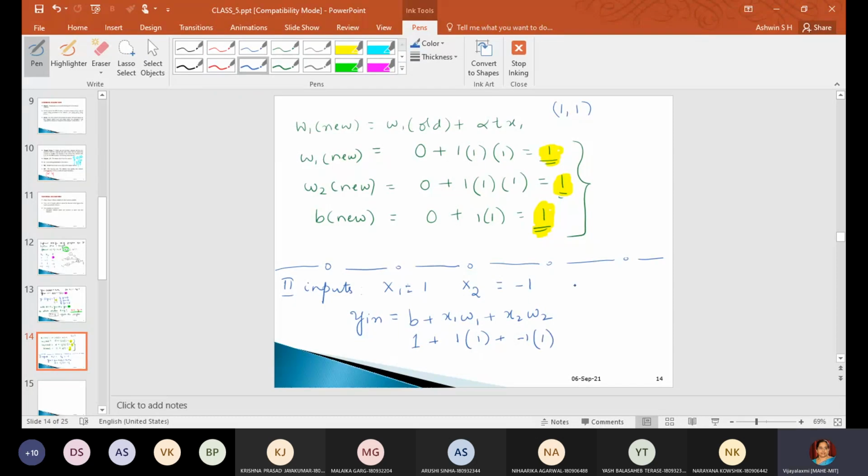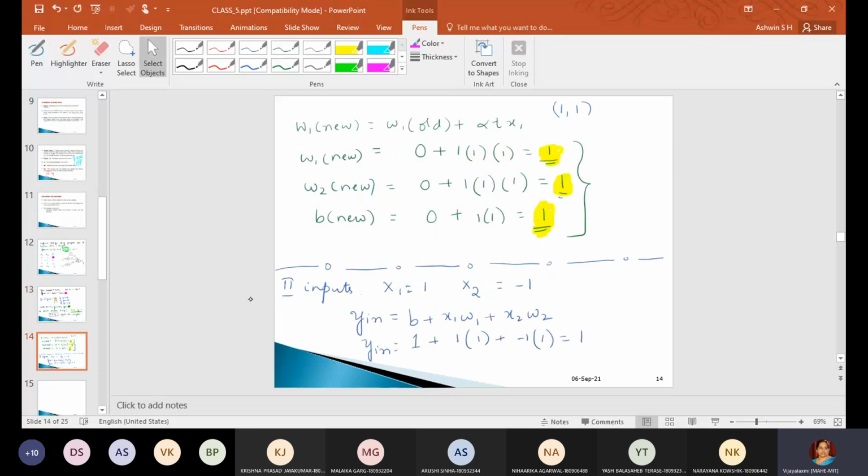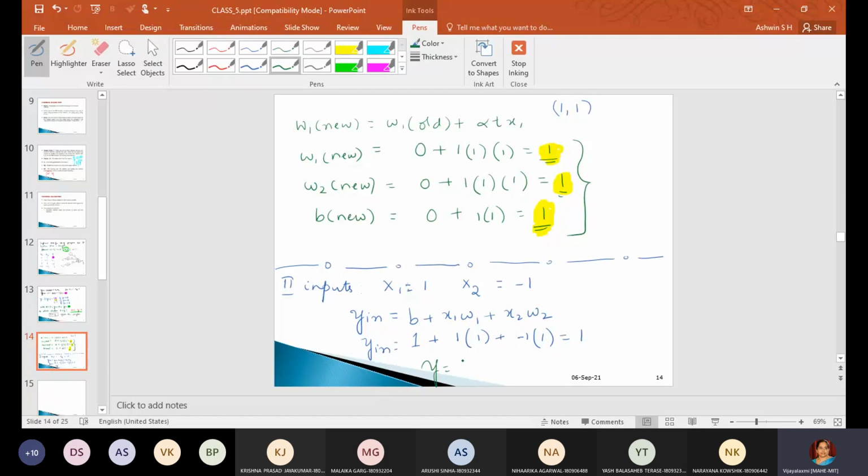So now here you have got 1. Y in is 1. So from the activation function, if y in is greater than 0, the output y is equal to 1, right? So now I can write y is equal to f of y in, which is equal to 1. This is important.